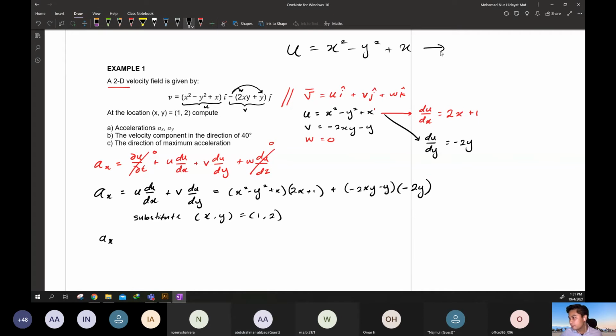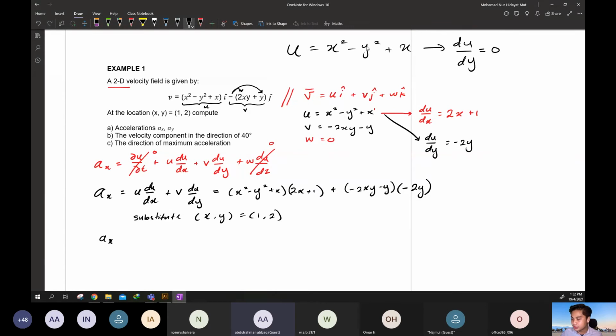When we do the differentiation du over dy, that means we refer to y only. The y will be the variable, the rest will be constant. When we differentiate a constant, what do we get? 0.